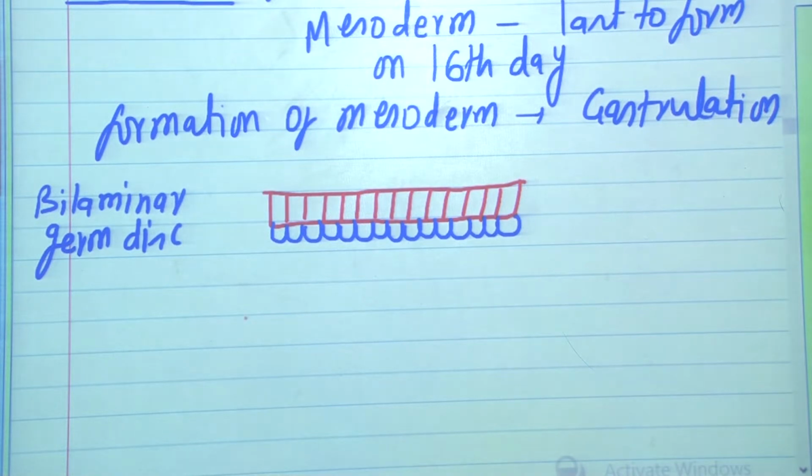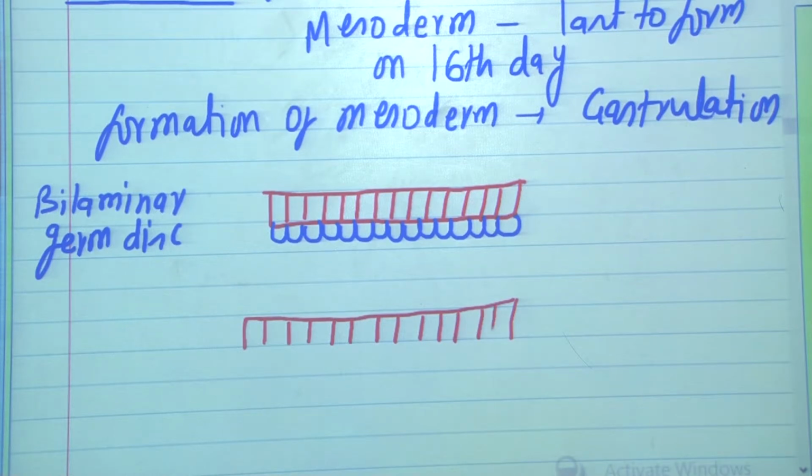What I mean is, on either end, this endoderm changes its shape and becomes columnar like this.